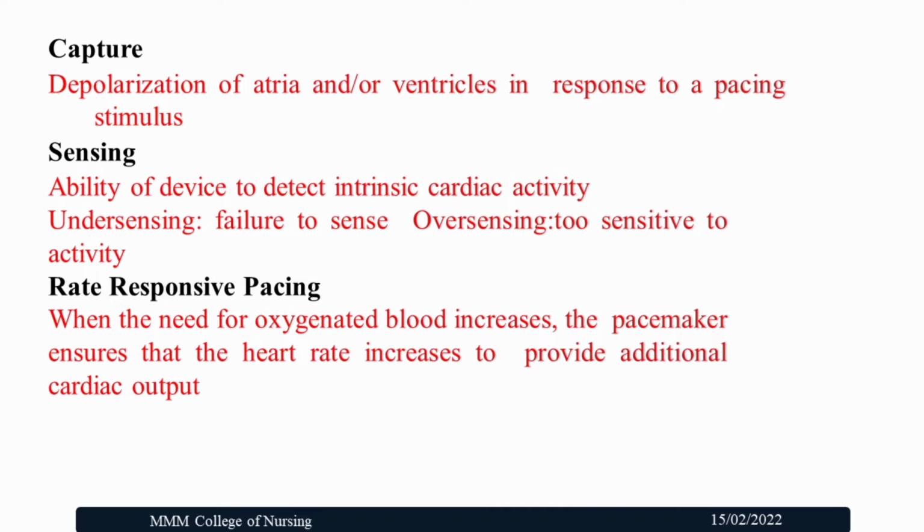Sensing means the ability of a device to detect intrinsic cardiac activity, and includes failure to sense and over-sensing, which is being too sensitive to activity. Rate responsive pacing means that when the need for oxygenated blood increases, the pacemaker ensures that the heart rate increases to provide additional cardiac output.